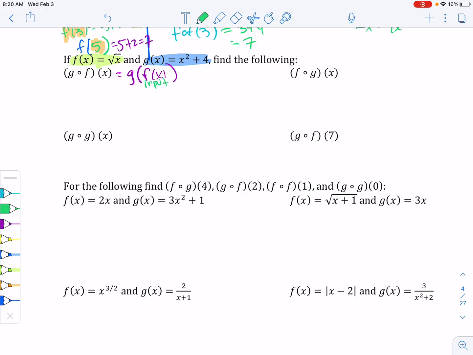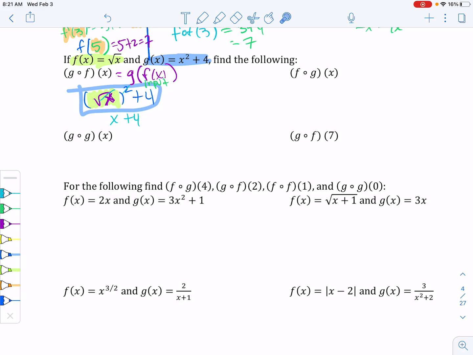For my g of x, that's really x squared plus 4. Then I'm plugging in place of the x, which I have in parentheses, the f of x, which is the square root of x. Here, the square root of x squared is just x, because the squared and the square root undo each other, so we get x plus 4.